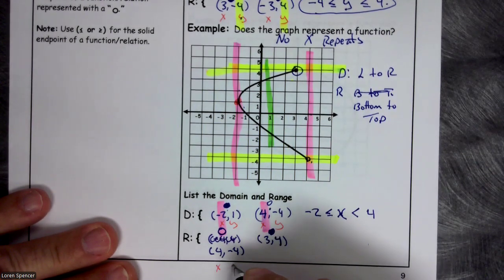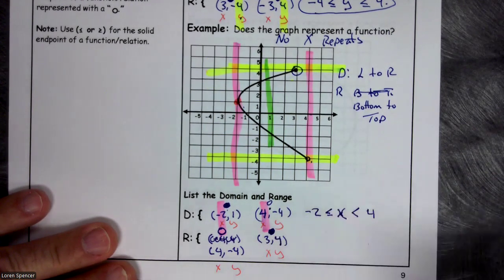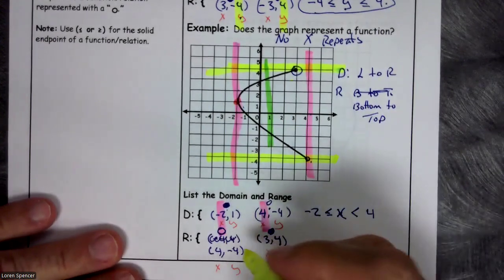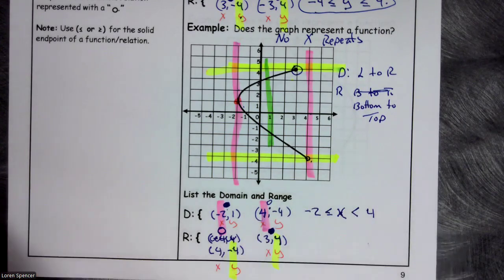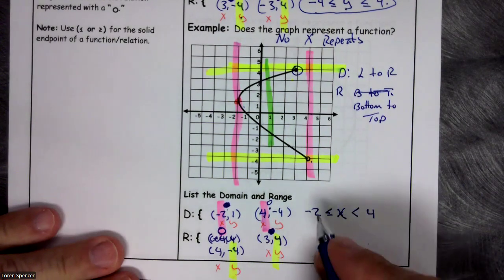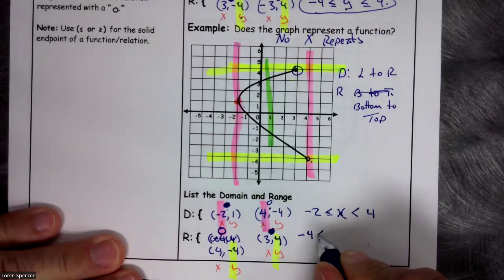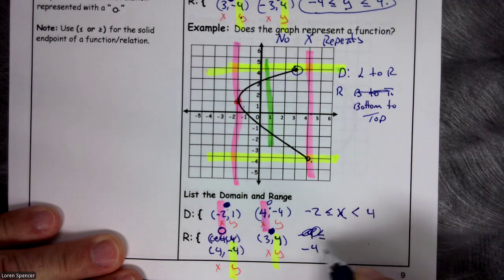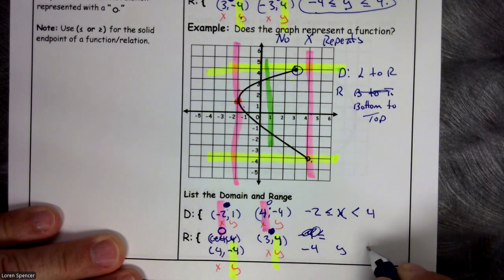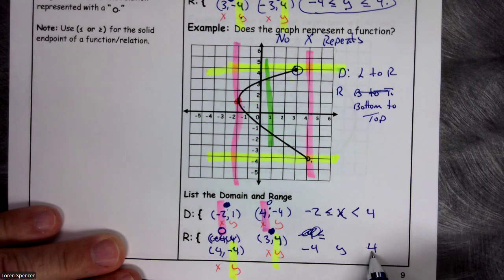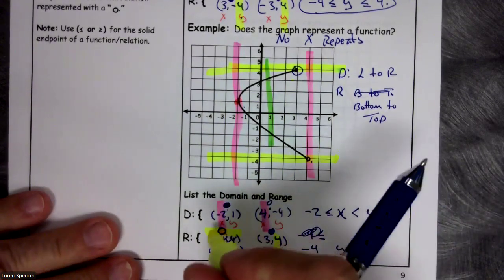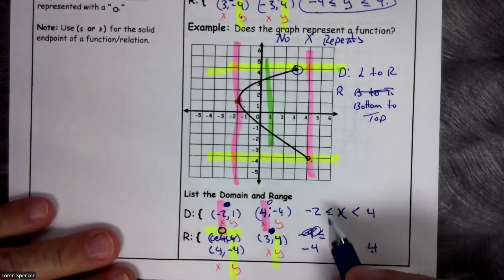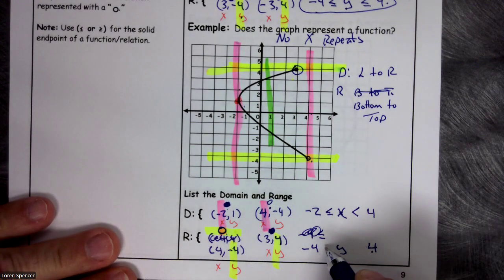So this is my X, this is my Y, this is my X, this is my Y. But we're dealing with range, so all we care about are the Y values. Well, my smallest Y value is -4. So it's -4, leave a space, Y, and then 4 is my largest value. Well, this has a hollow. Be careful. I should have highlighted that in yellow. I got some pink on it. So that's a less than.